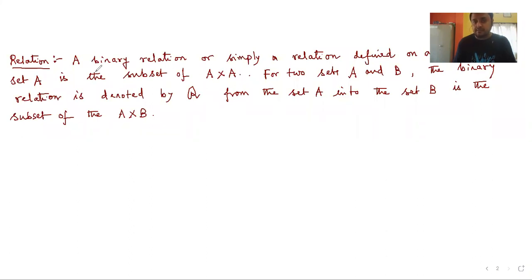That means the relation will be defined on the set A and it will be a subset of the set A cross A. So this is a special case of that.